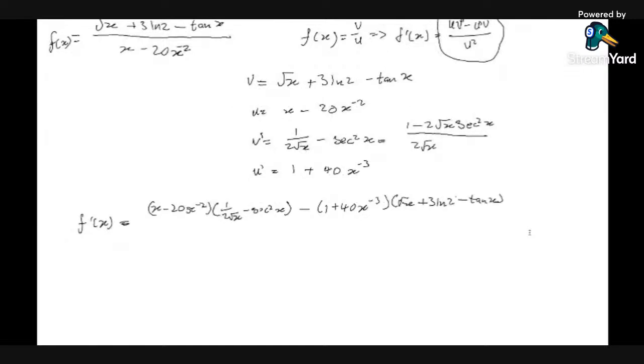So all of this divided by u squared, minus 20. I wrote too fast there. Did you get the same thing? Yes. This thing is so long. The way it's so long, it looks wrong.